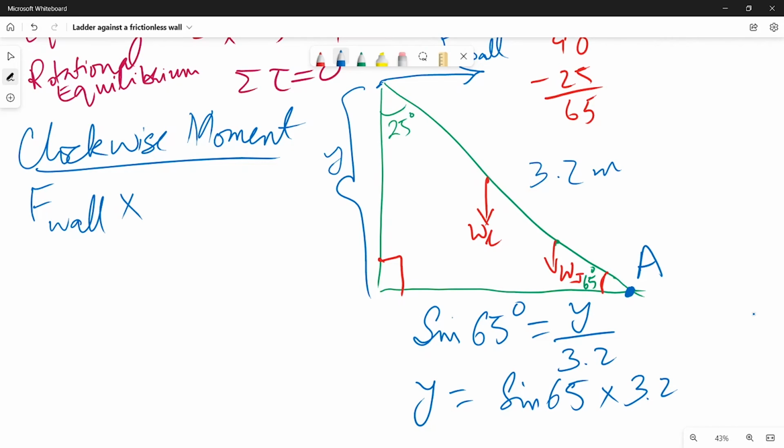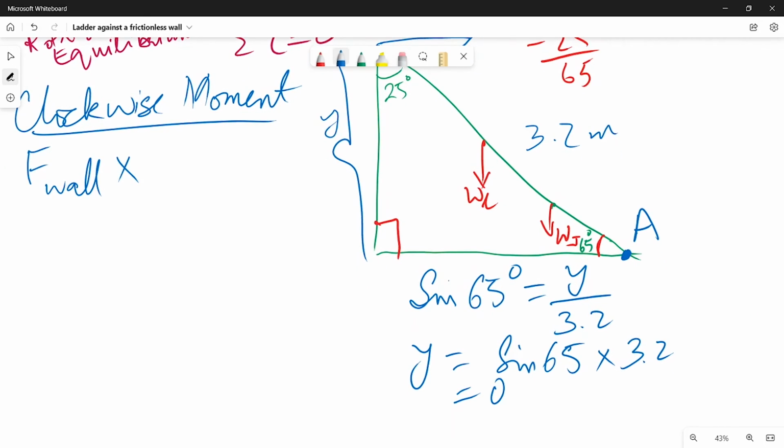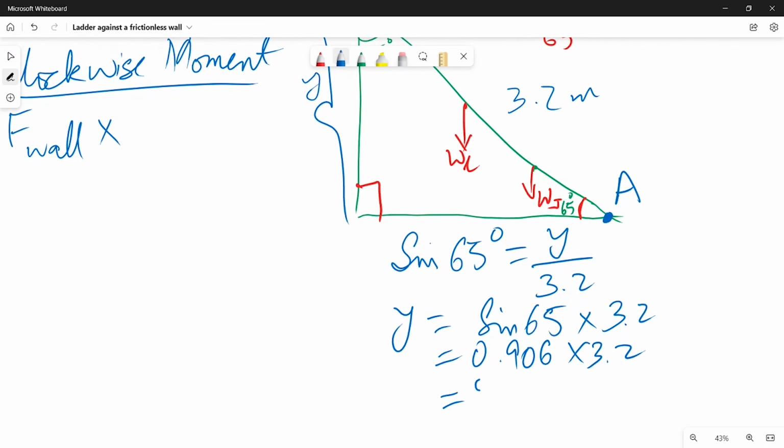If you calculate sine 65, which is 0.906, times 3.2, this becomes 2.9.